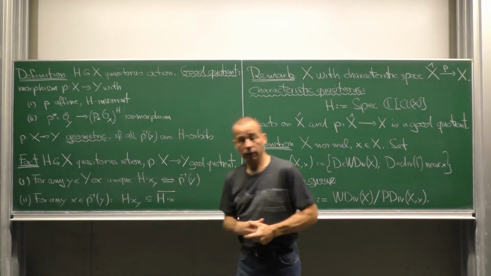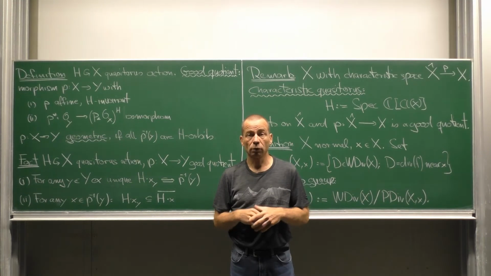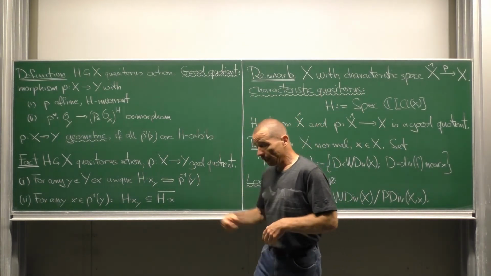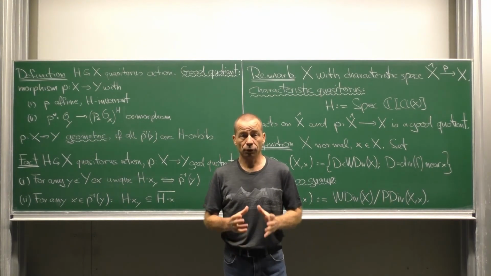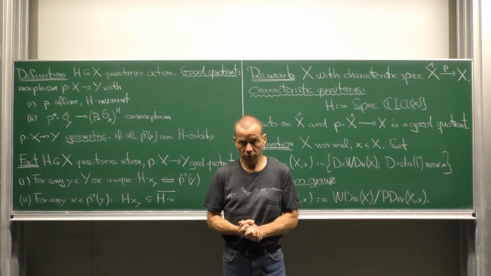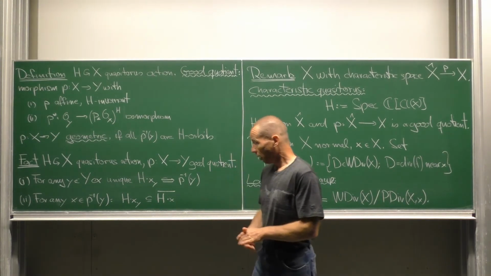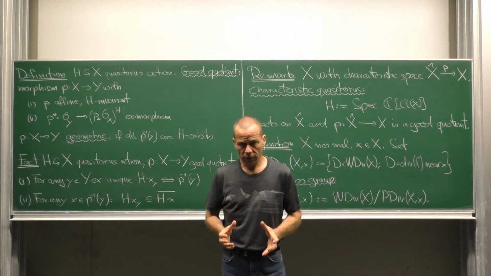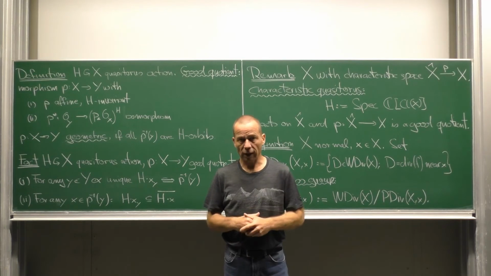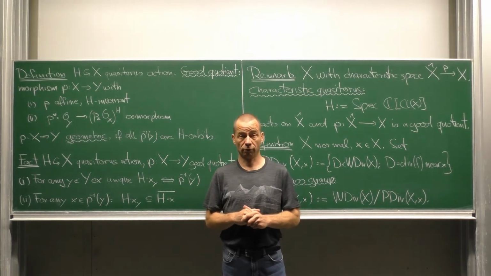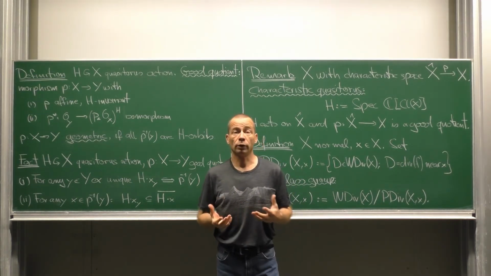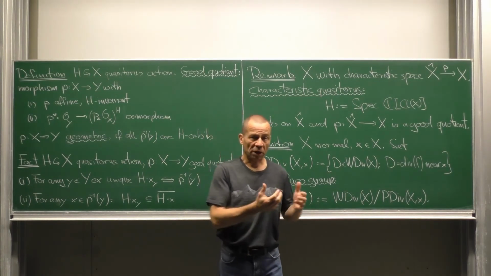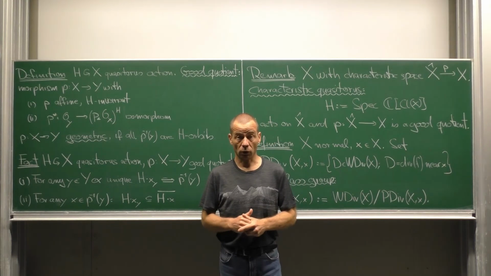Here's a basic fact on the geometry of good quotients. In any fiber we find a unique closed H-orbit, and this unique closed orbit of the fiber is contained in the closure of any other orbit inside the fiber. So in this sense, good quotients parameterize the closed orbits.